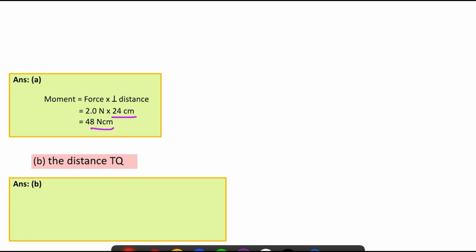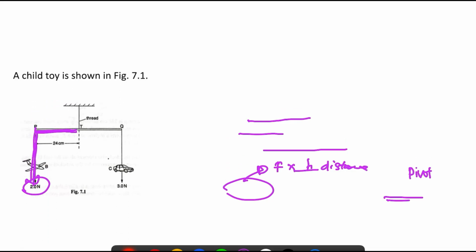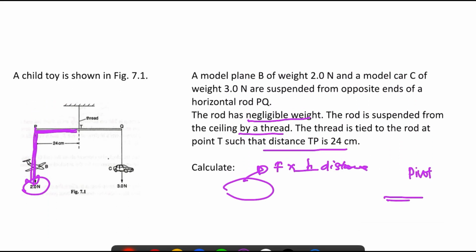Next part. Calculate the distance TQ. Where is the distance TQ? TQ is right here. So TQ is related to the moment of the car about the pivot T. With the horizontal and vertical, and the other side horizontal and vertical, this is the principle of moments already, because the sum of anti-clockwise moments must be equal to the sum of clockwise moments.